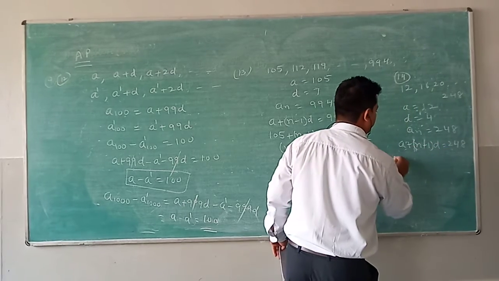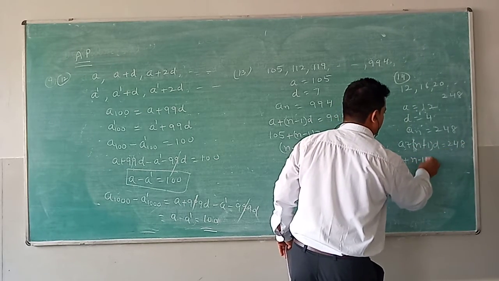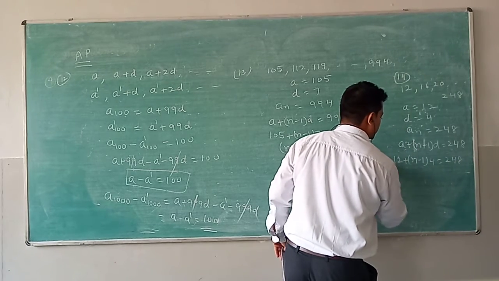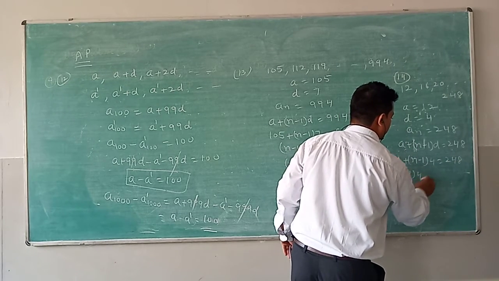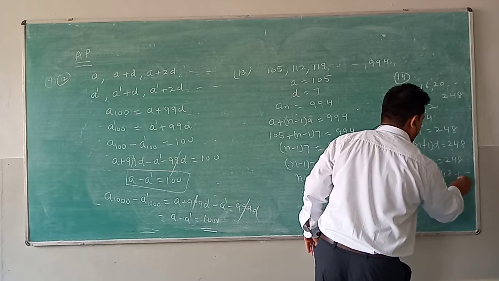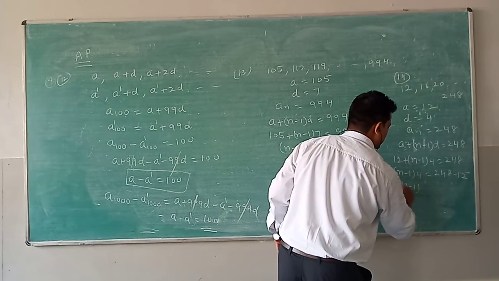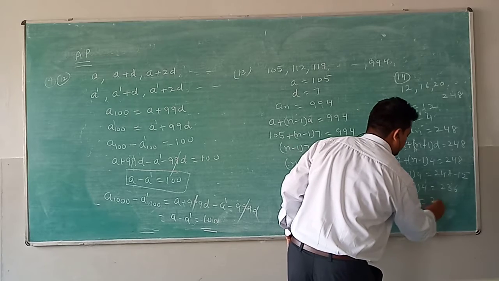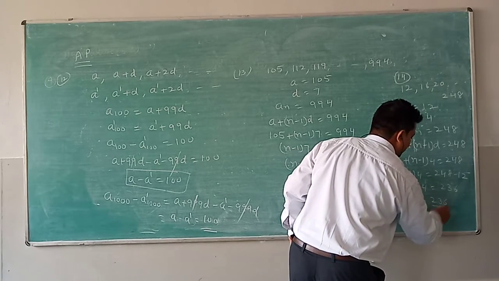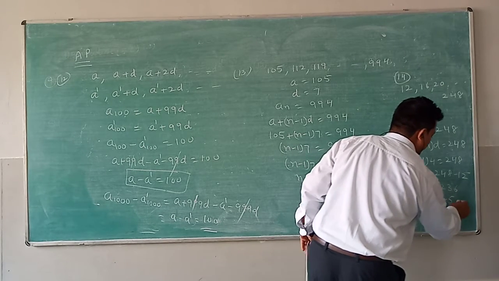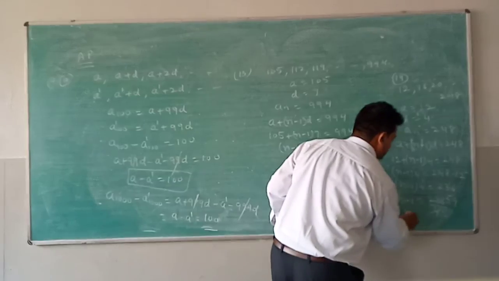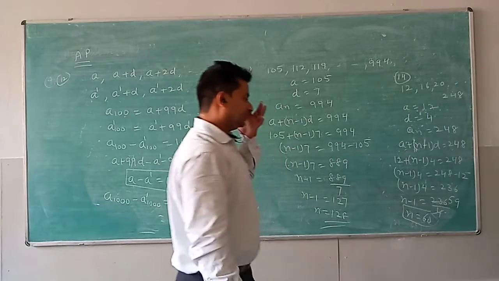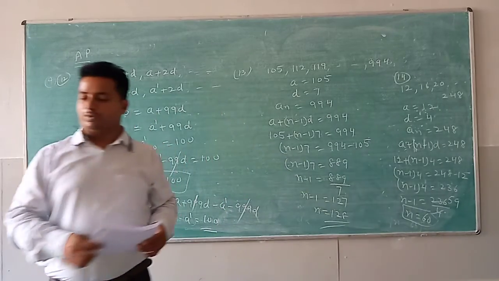The value of a is 12, d is 4. So n minus 1 into 4 equals 248 minus 12, which is 236. n minus 1 is 236 by 4, which is 59. So n is equal to 60. So there are 60 multiples of 4.